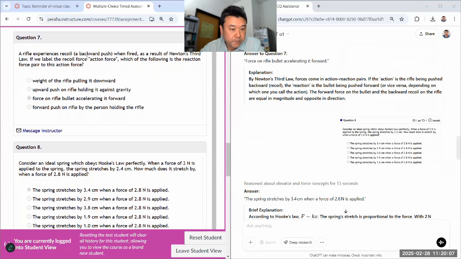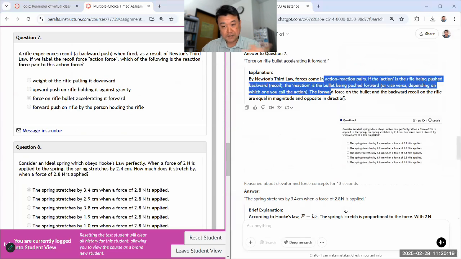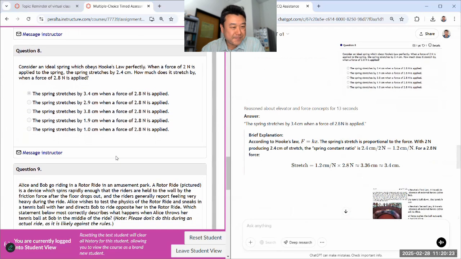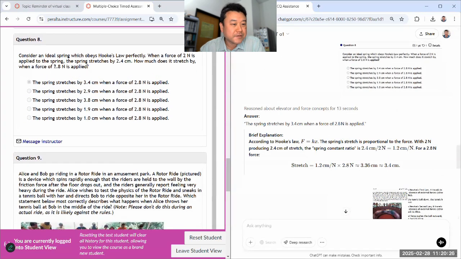Question seven, recoil, third law. All right. Recoil force being the action force, then the reaction force is the force pushing the bullet forward. Yeah, excellent, that sounds right. So the explanation is probably right. Question eight, okay, it missed one out of the next three questions. When a force of 2 newtons is applied, the stretch is 2.4, how much is the stretch for a different force?